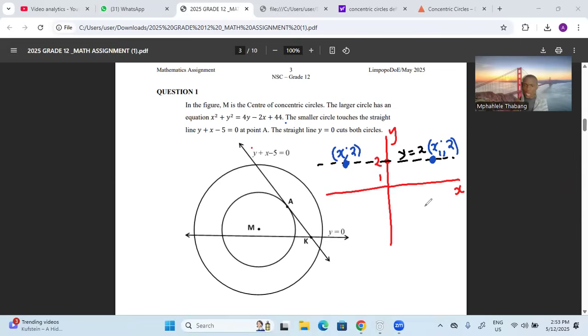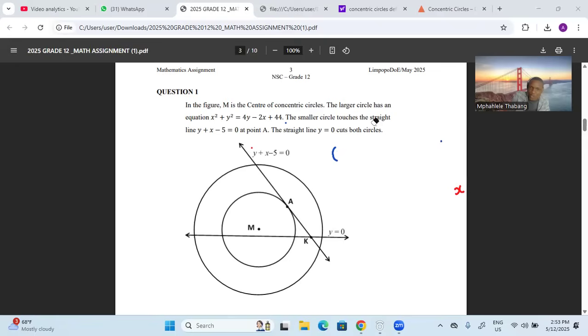So now you will understand what they are talking about when they talk about the straight line y equals 0. I will show you the Cartesian plane again, y-axis, x-axis. Here we have got the origin. We know that at the origin, y is 0 and x is 0. So the equation of this line y equals 0 actually represents the x-axis.